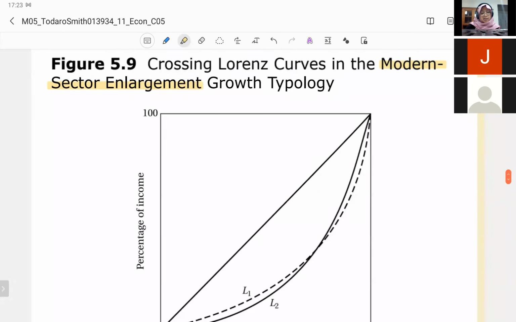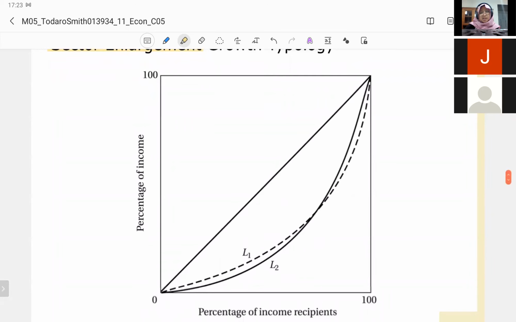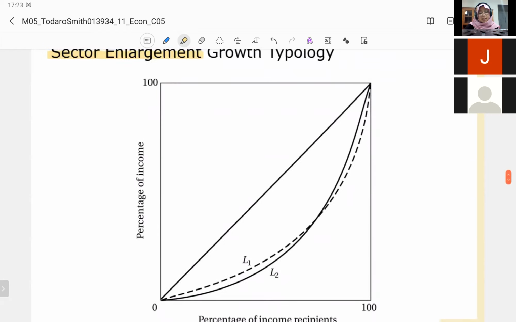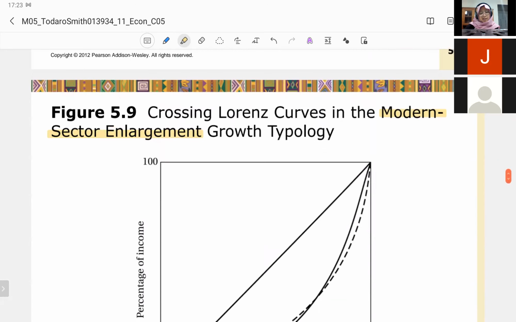But with the modern sector enlargement, what you do is you make sure that the expansion of the industry, for example, is going bigger. So if a country does an expansion in their industry and they open new industry locations, then it's going to have an impact on economic growth. So that's an example of modern sector enlargement.